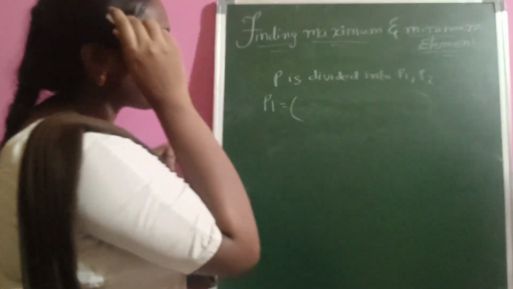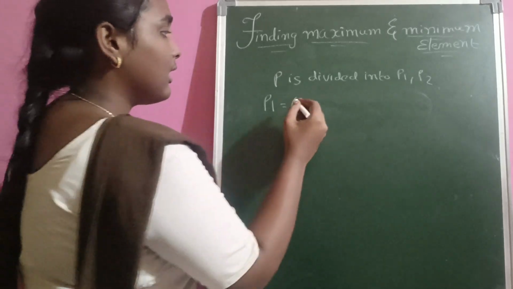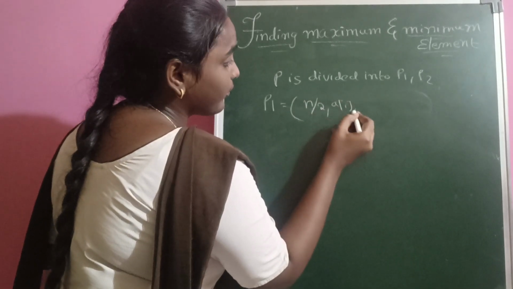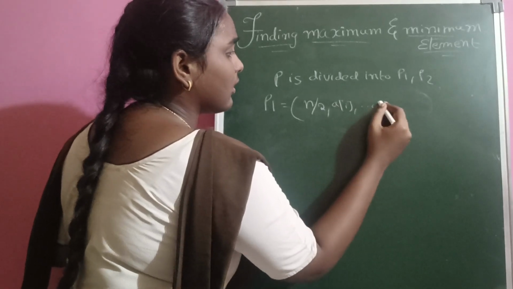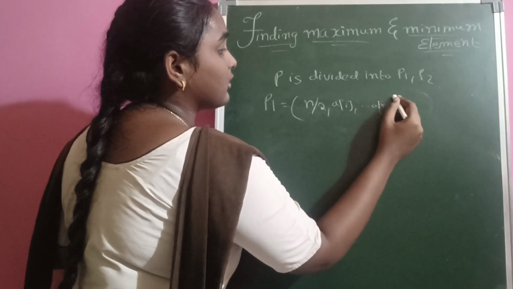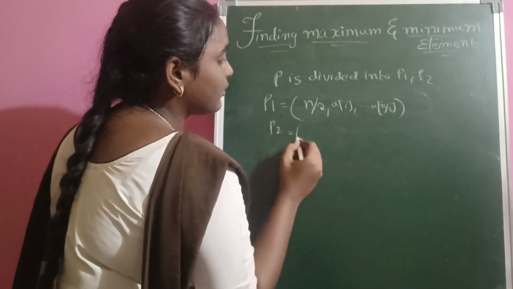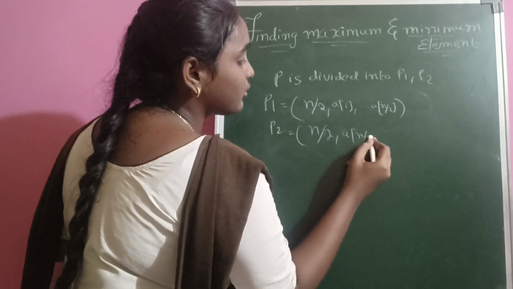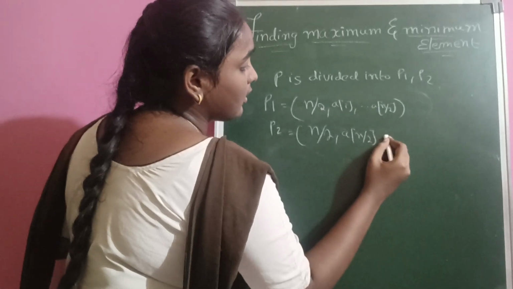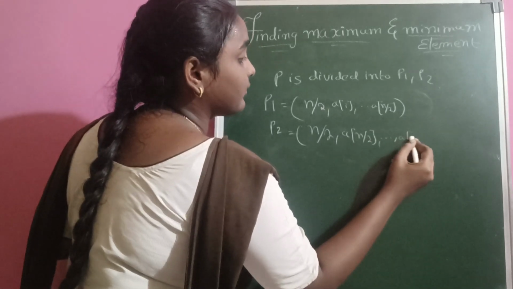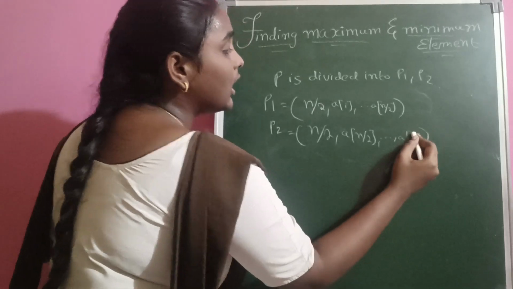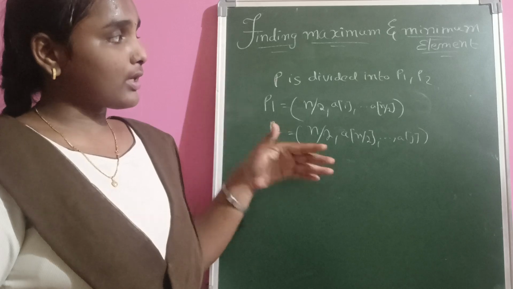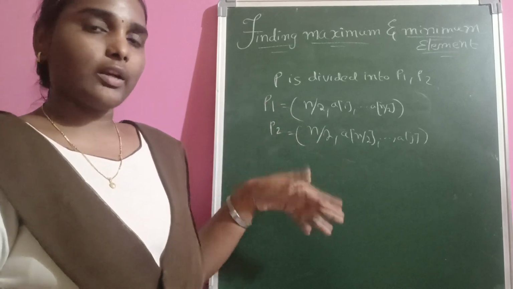P1 is equal to, dividing n, the number of elements, so 1 to n by 2, A[i] to A[n/2], and P2 is equal to n/2 + 1 to A[j]. If the problem is still big, we can further divide it recursively using the divide and conquer technique.